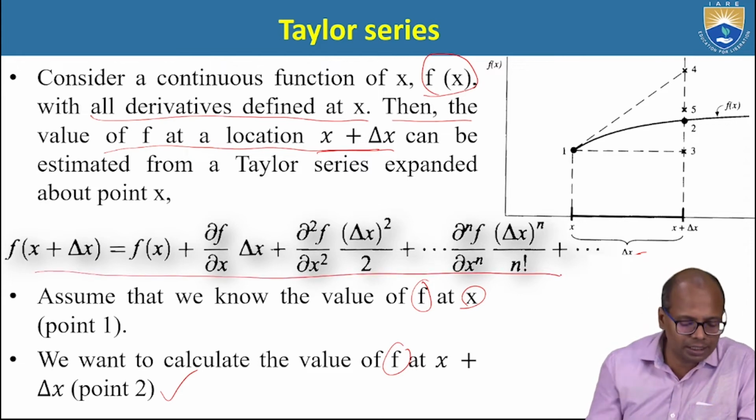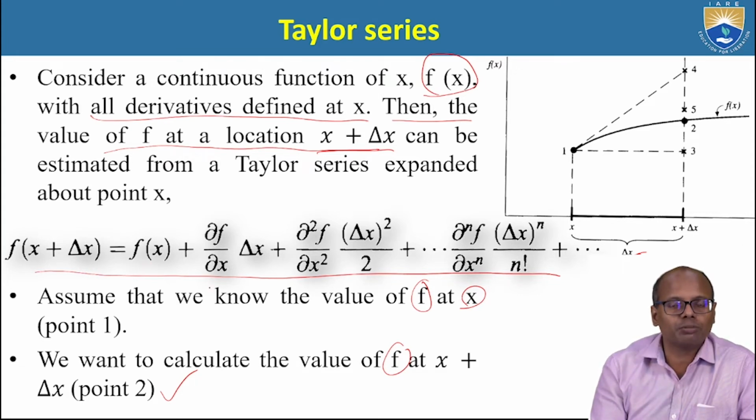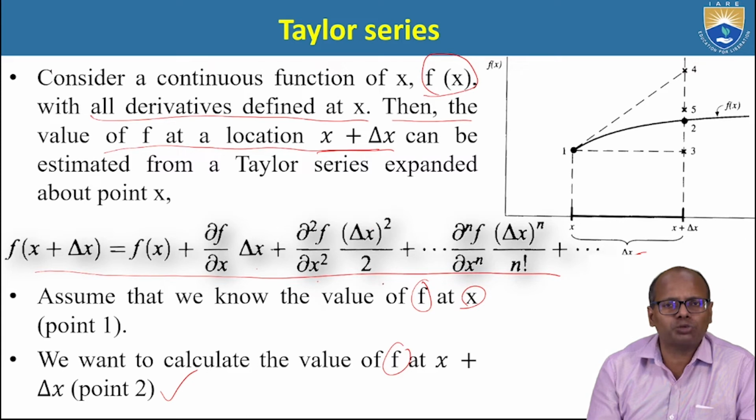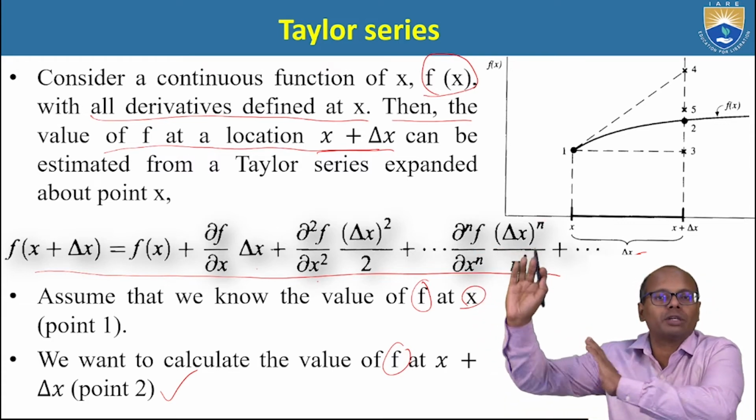So what is this Taylor series expansion? f of x plus delta x is equal to f of x plus ∂f/∂x into delta x plus ∂²f/∂x² into delta x squared by 2 factorial plus so on, and it will be ∂ⁿf/∂xⁿ into delta x to the power n by n factorial, and so on. So it runs up to an infinite number of terms.